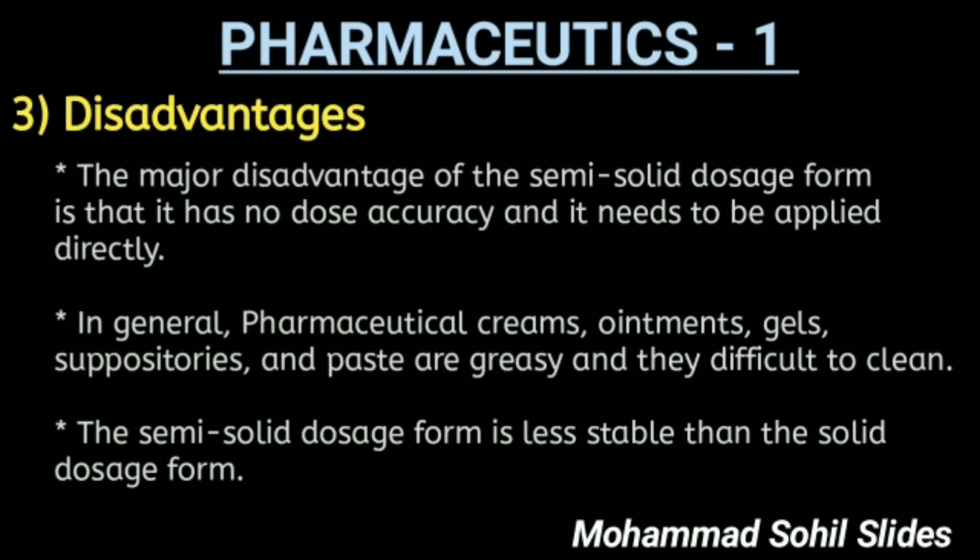Now coming to the disadvantages of semi-solid dosage form. The major disadvantage of semi-solid dosage form is that it has no dose accuracy and it needs to be applied directly. In general, pharmaceutical creams, ointments, gels, suppositories and pastes are greasy and difficult to clean. The semi-solid dosage form is less stable than the solid dosage form.